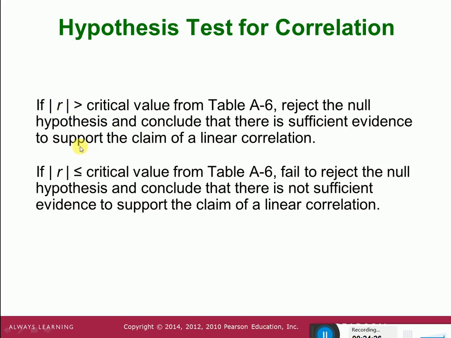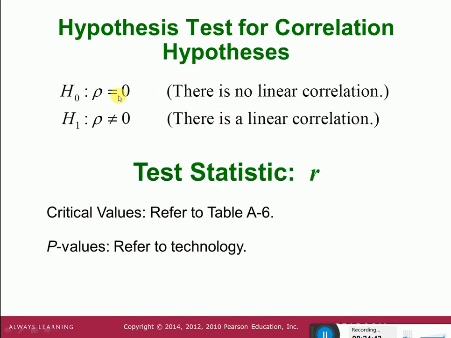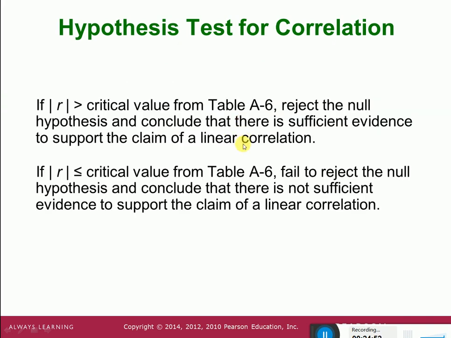Now, if the absolute value of R is bigger than the critical value from table A6, then we reject the null hypothesis. If we reject the null hypothesis, meaning that we say that this statement here is not true, we conclude that there is a linear correlation, or we support the claim of a linear correlation.